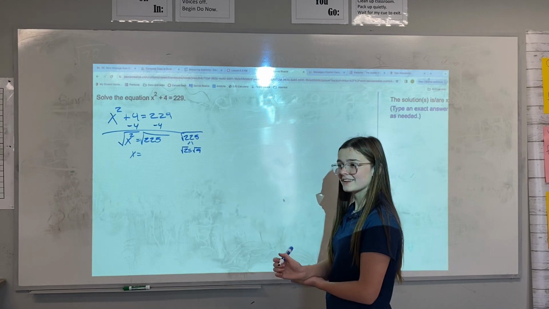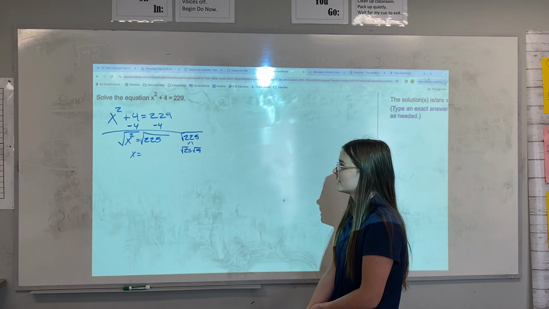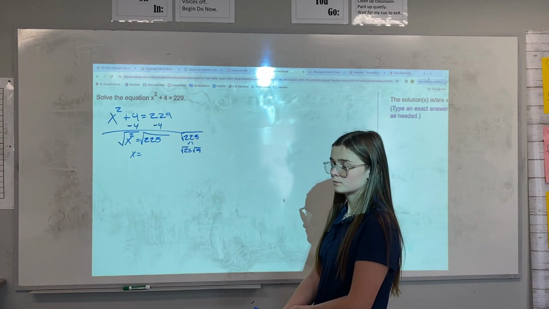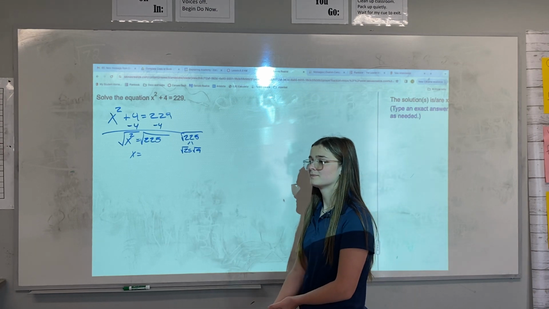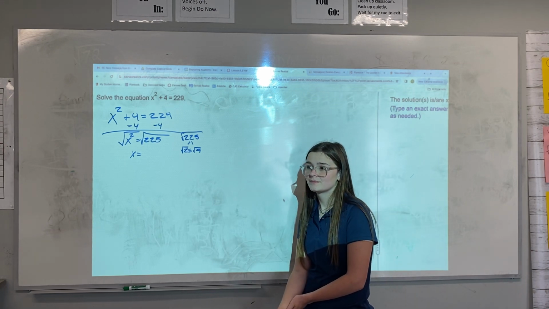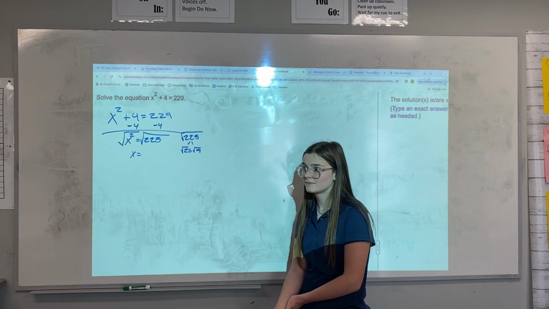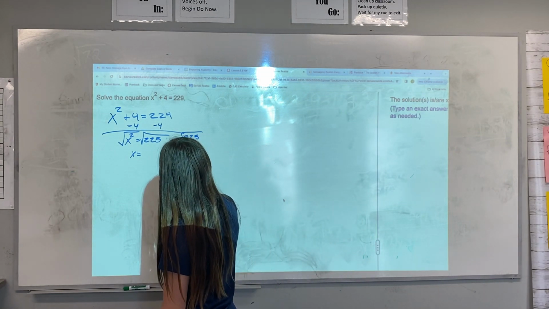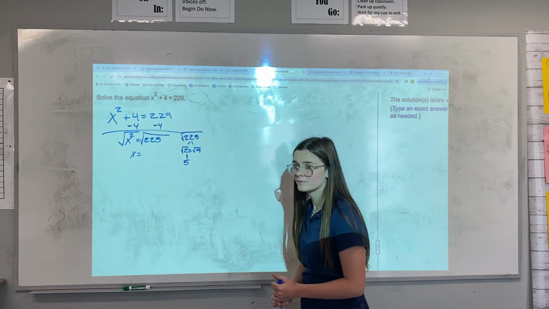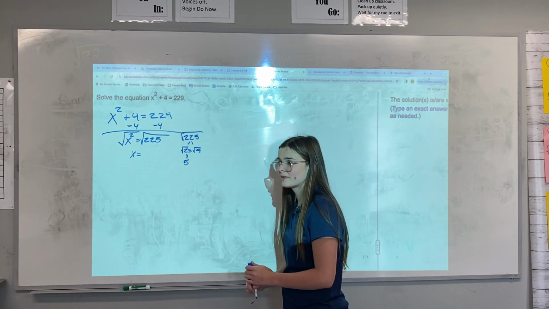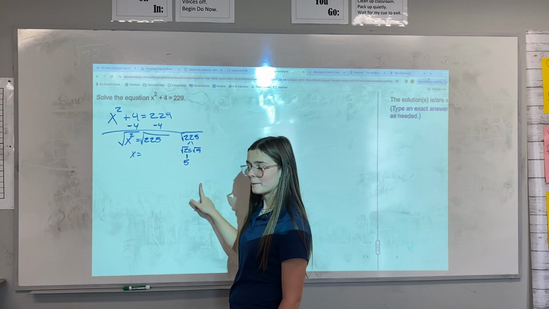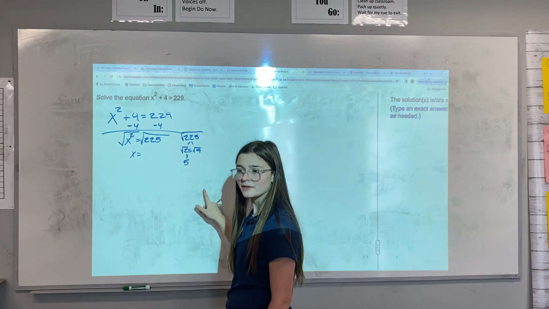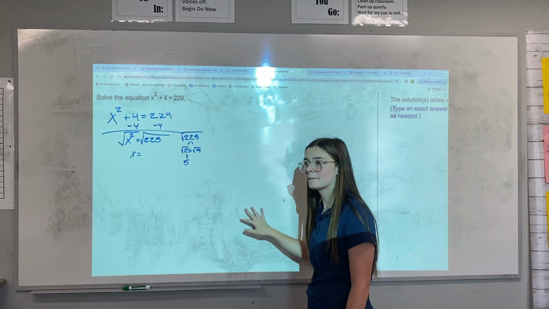Now, Abby. 25, 5, and 5. Right, but you can just break that radical free by finding the square root of 25 and simplifying it to 5. So you don't have to write 5 times 5, you can just simplify it. Then 9 just becomes 3.